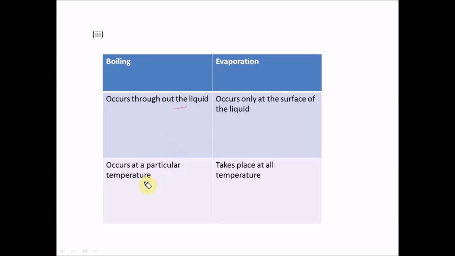Then boiling occurs at a particular temperature, 100 degrees Celsius for water. Evaporation takes place at all temperatures, whether the weather is cold or hot. So these are two major differences between boiling and evaporation.